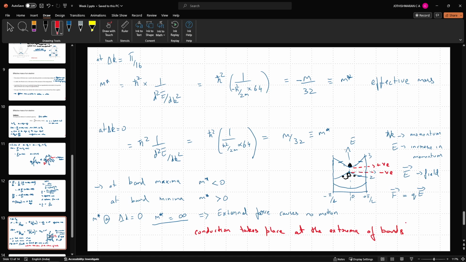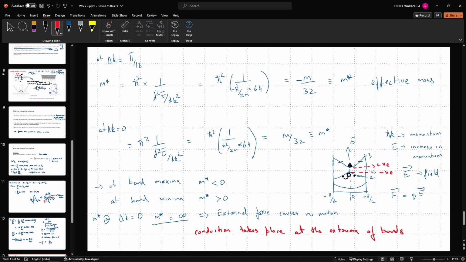Those are the only two regions where conduction can take place. Why? Because those are the regions where I will have acceptable finite values of effective mass. As I move away from the extrema points, the effective mass will become larger and larger, and at the inflection point where the second derivative goes to 0, the effective mass becomes infinite, and because of that, they will not participate in conduction. That is the takeaway here.